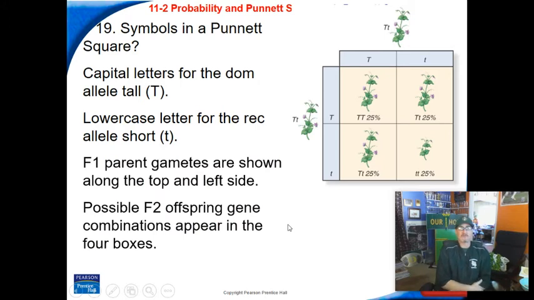Okay, the F1, remember the F1 stands for the first filial generation, the first generation of offspring. F1 parent gametes are shown along the top and along the side. So these are the gametes from the F1 parents. Beg your pardon.